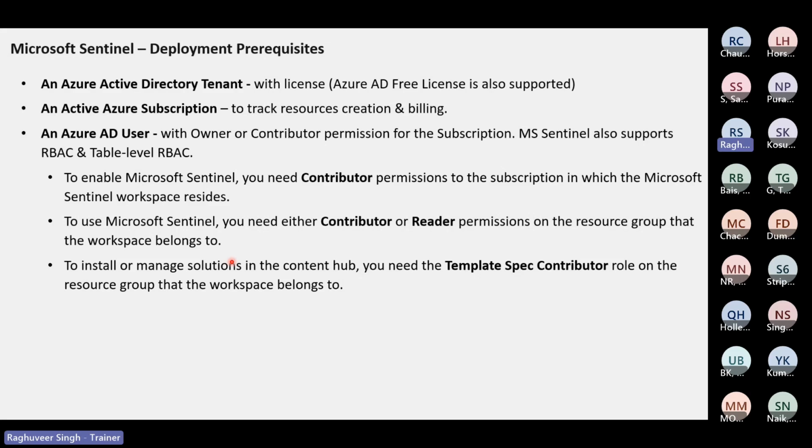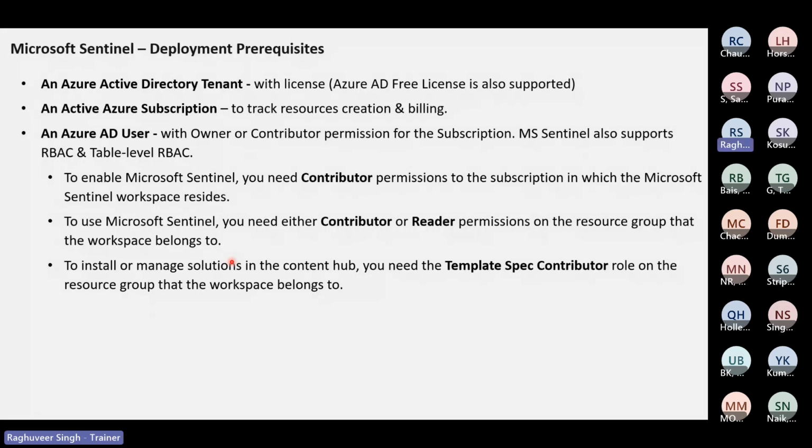Now, this is service specific RBAC that you will need to install and manage solutions in the Content Hub. Typically, organizations don't get into the nitty gritty of identity and access management because they trust their employees. This is where they go against the zero trust principle.